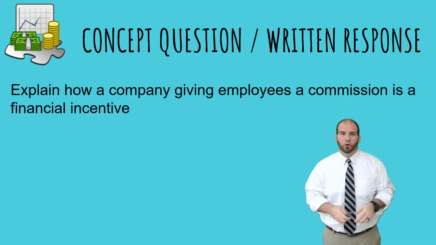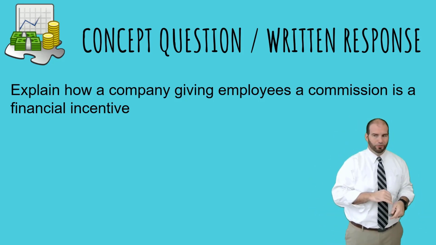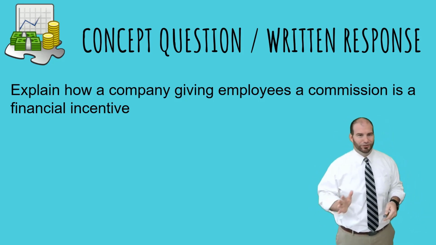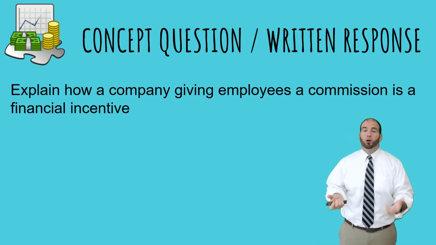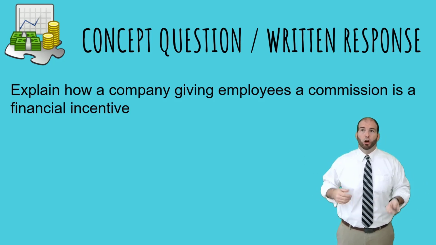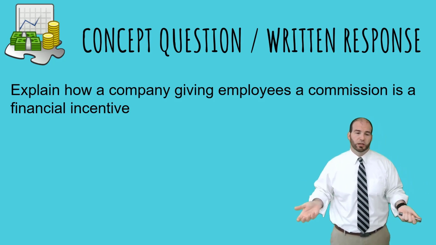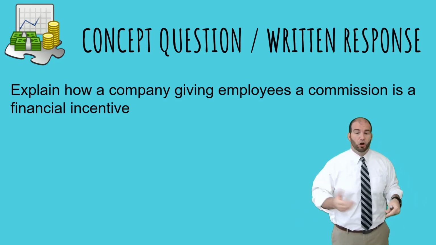All right. So a commission is probably one of the most famous financial incentives. So what a commission is, car salesman, probably the most straightforward one here. A car salesman gets like 2%, I'm making up that number, I have no idea what the percentage is, of the cost of whatever car they sell.